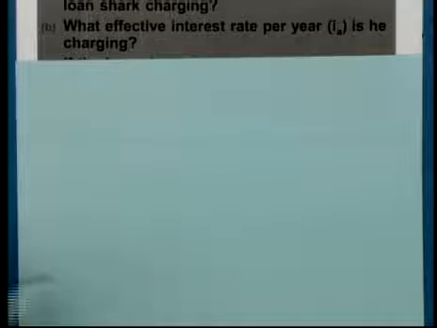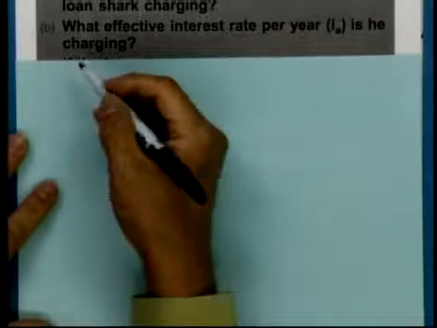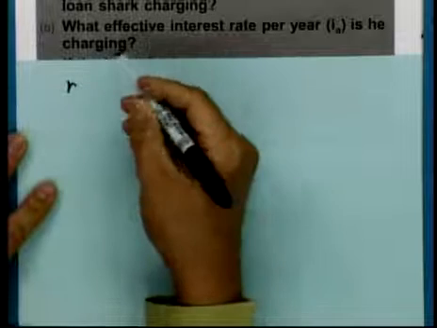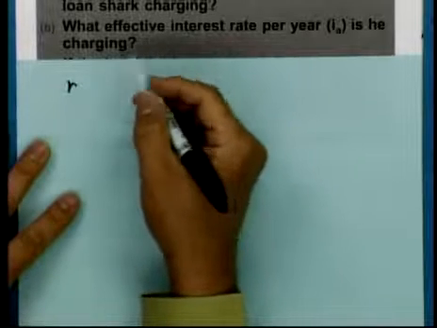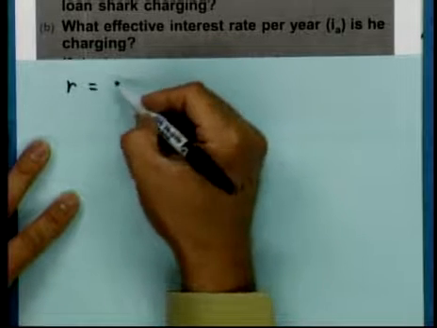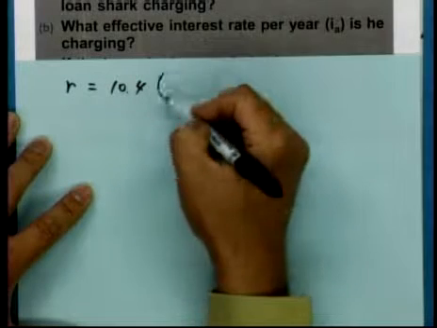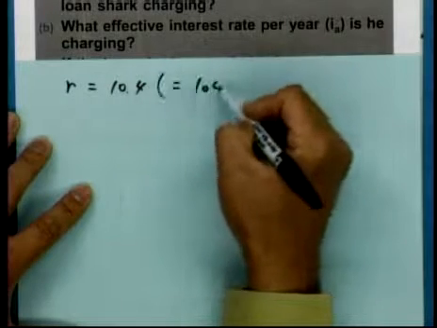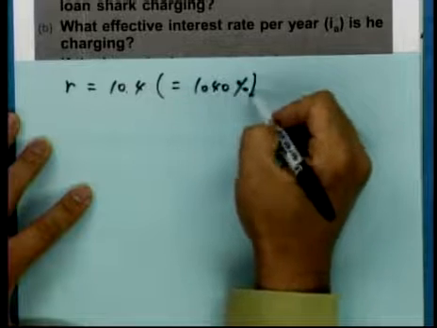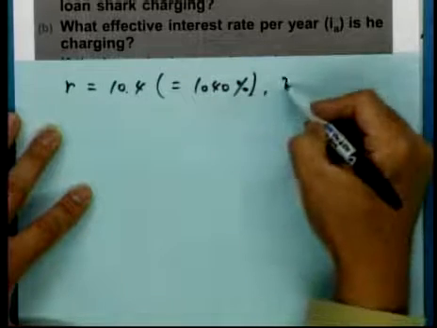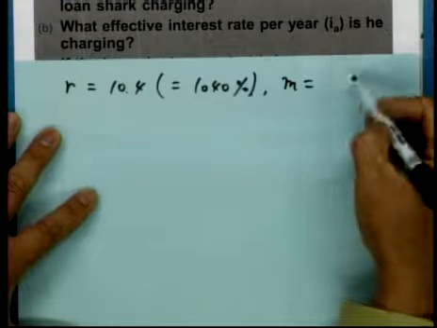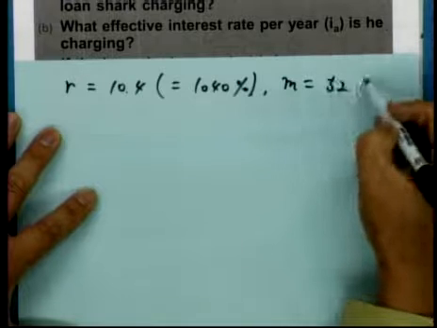So from part A, we know that R, the nominal interest rate per year, is 10.4, which is 1,040%, right? And M is 52 weeks, right?